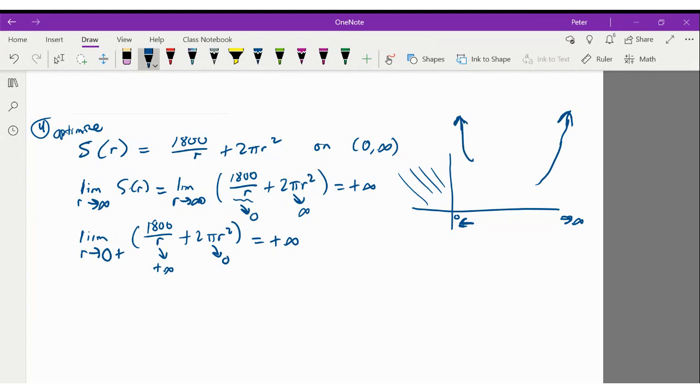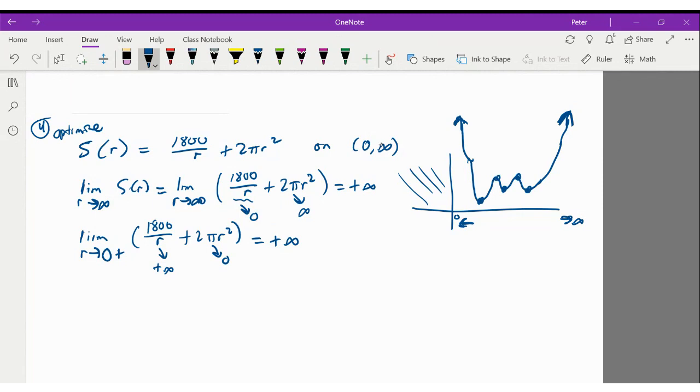We can see what this behavior looks like, and we don't really know what's going on in here, but what's clear is that given that the function is growing to infinity on both sides, the only place that the minimum cost could occur is at one of the critical numbers.